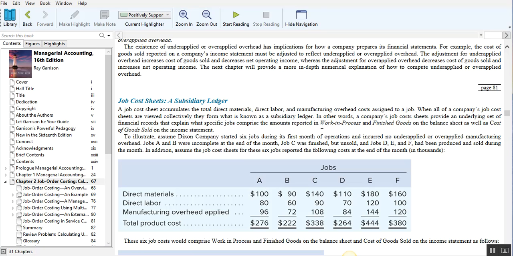Also, we're working with manufacturing. We're going to have to look at the inventory accounts that include what we have in finished goods, work in process, and the goods that have been sold, which is cost of goods sold.